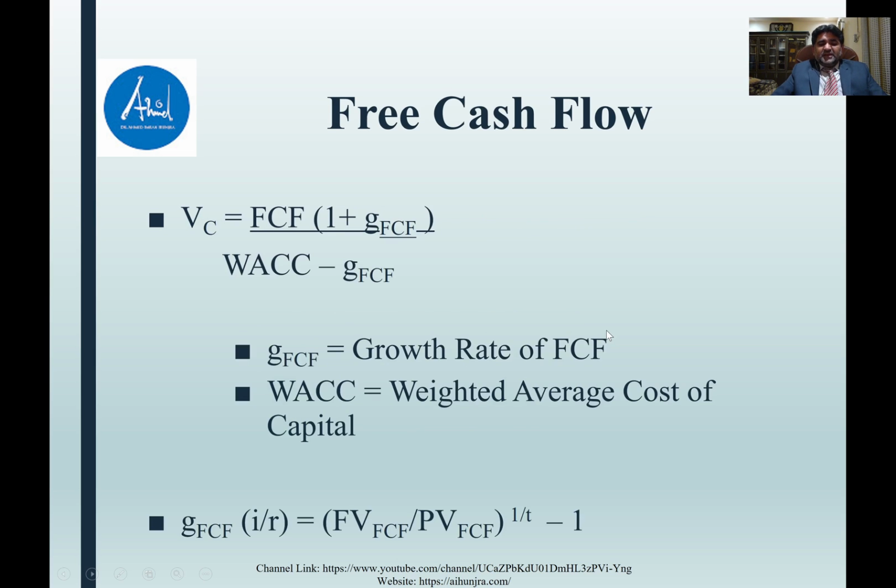And from here, we can calculate the growth rate of free cash flows. We must have the data of all these components, then we will be able to find the value of the company: free cash flows of current year into 1 plus growth rate of free cash flows, divided by weighted average cost of capital minus growth rate of free cash flows.